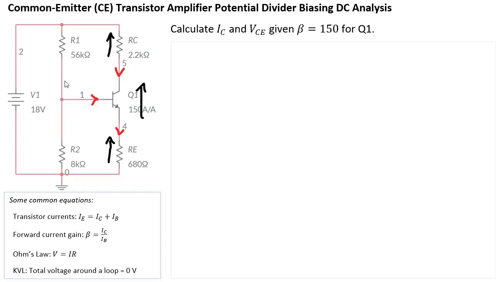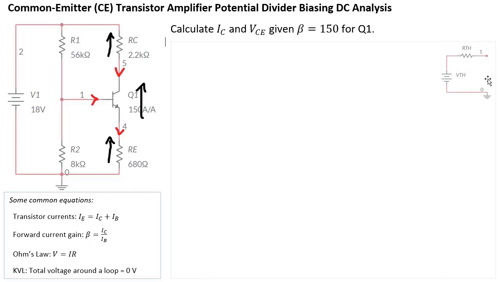Now I'm not labeling the left side because we need to convert the left side into a Thevenin equivalent. A Thevenin equivalent circuit is a circuit that replaces these three components with a single voltage source and a single resistance. For those of you who need a bit of refreshing, I have a sketch here of how our Thevenin equivalent circuit is going to look. It has a single VTH and a single RTH.